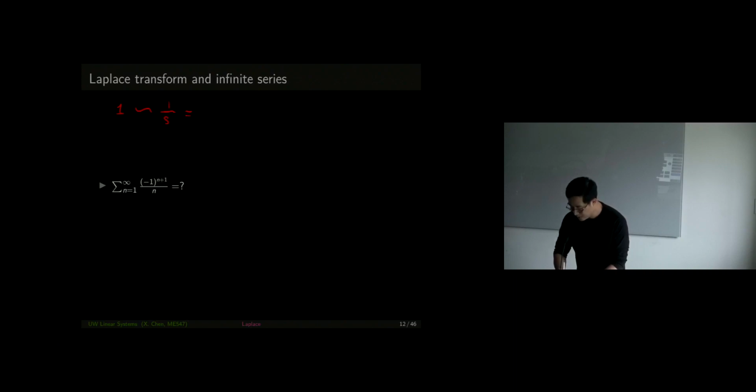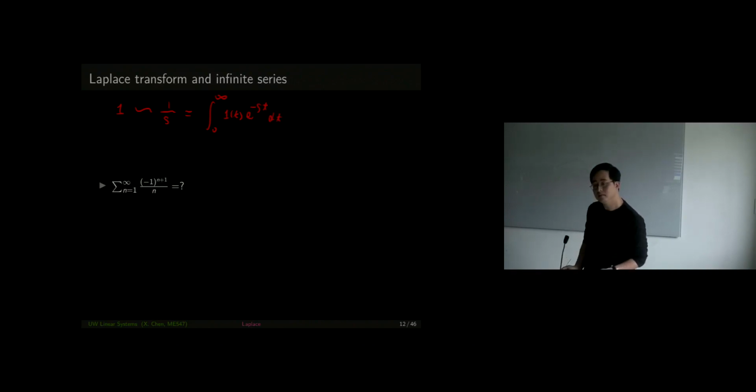In other words, 1 over s is, by definition, the Laplace transform of this signal, the integral of 1(t) times e to the negative st dt. This is just by definition 1 over s, because it's the Laplace transform of a step signal, it has to satisfy this.